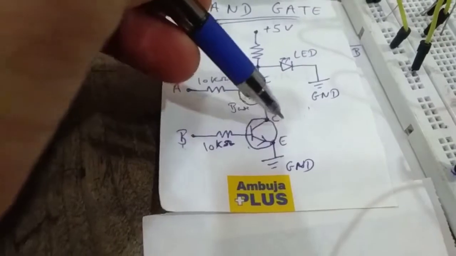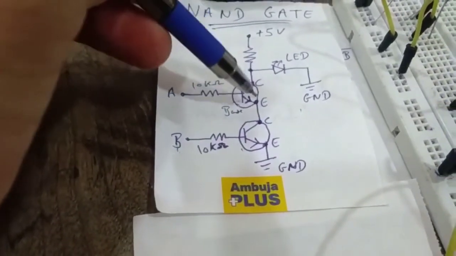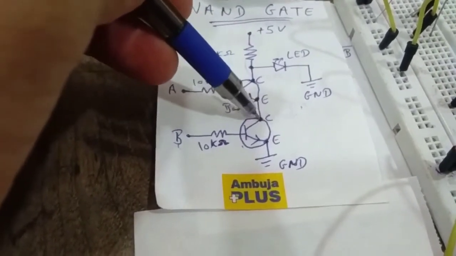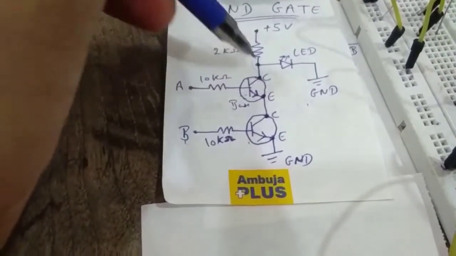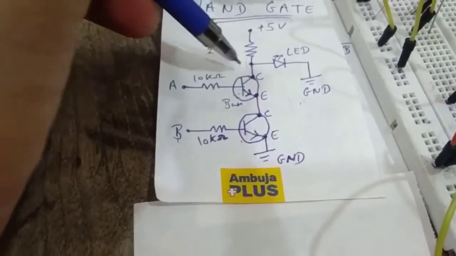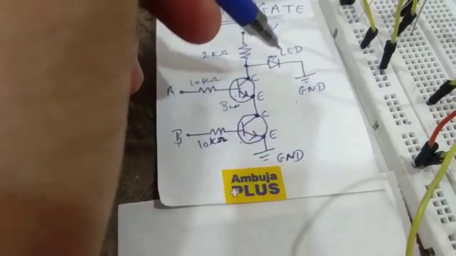So there won't be any connection after this collector, and since there is no connection, this straight line won't be of any use, and this current will directly pass to this LED. So this LED will be high.